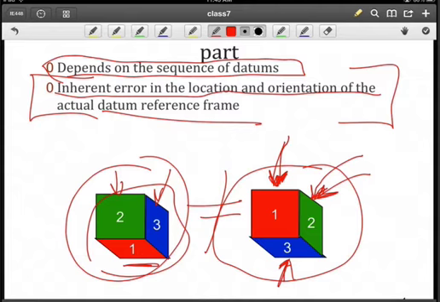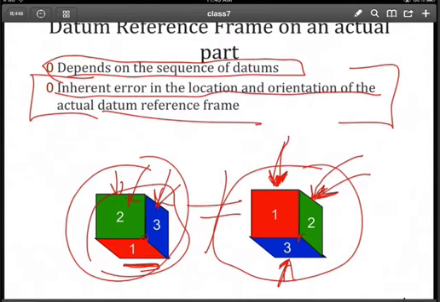If we change that sequence, then the actual planes themselves will be in different orientations and positions, and therefore the origin here in the corner will be in a different location. So it's critical that you understand the sequence in which this datum reference frame is going to be constructed.